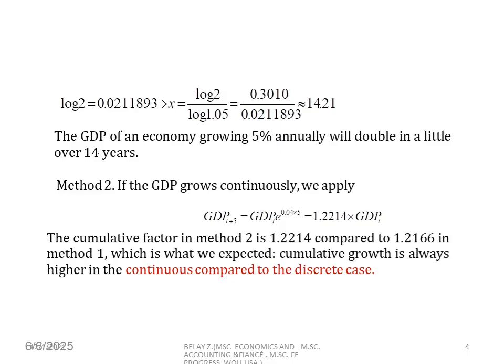The cumulative factor in method 2 is 1.2214 compared to 1.2167 in method 1, the discrete case, which is what we expected. That means cumulative growth is always higher in the continuous case compared to the discrete case.